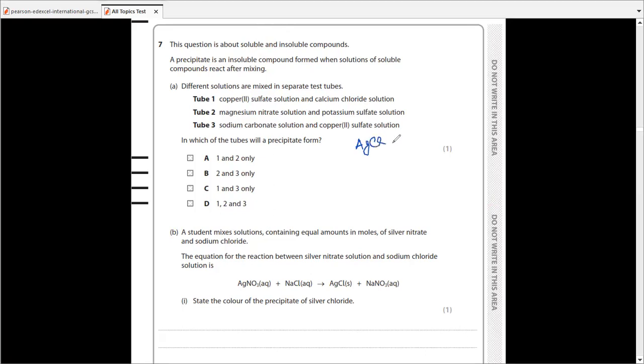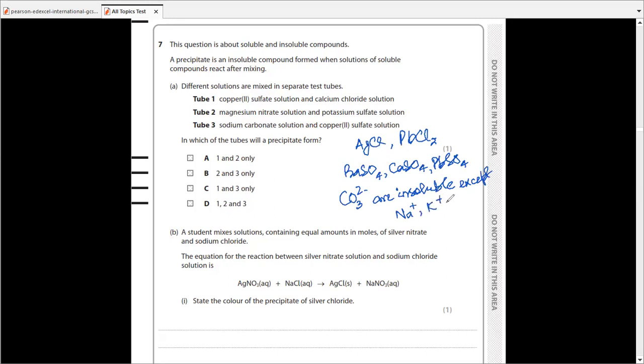Silver chloride and lead chloride are insoluble among chlorides. Among sulfates, barium sulfate, calcium sulfate, lead sulfate are insoluble, and all carbonates are insoluble except three of them, and those three are sodium, potassium, and ammonium.